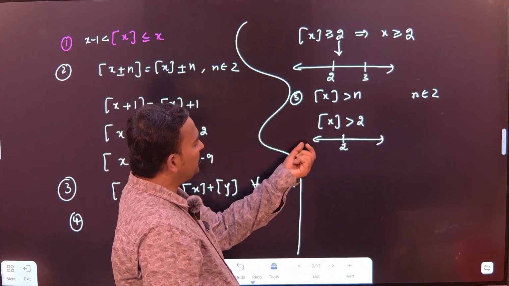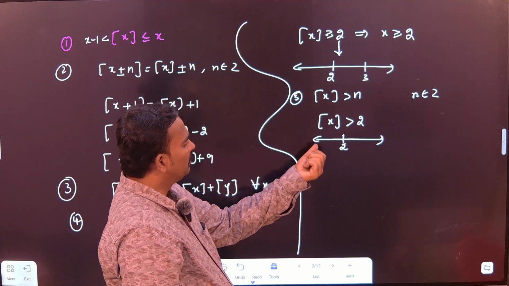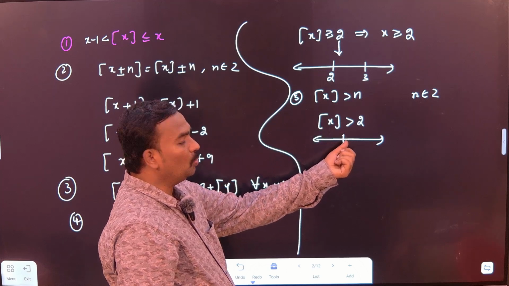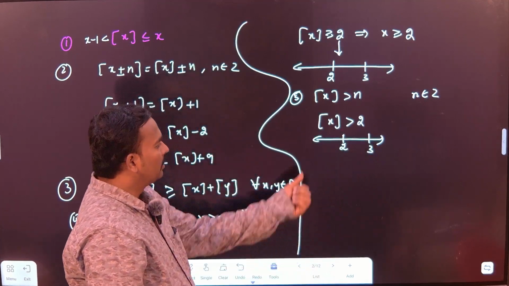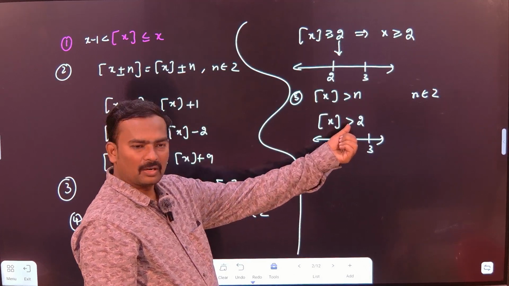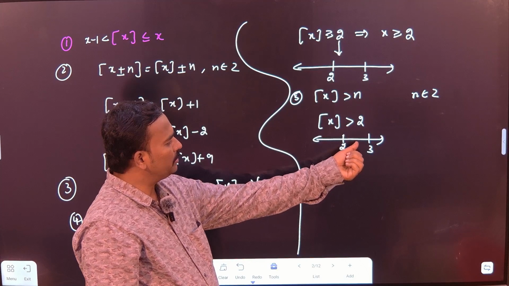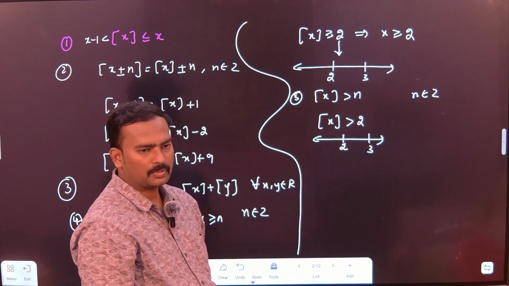Less than 2 is not possible here. But let's take 2.5. The greatest integer function of 2.5 is 2. 2 is greater than 2? It's not possible, right?